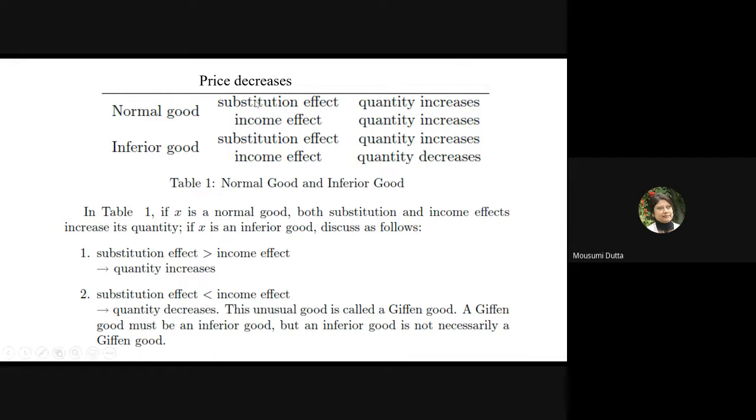In case of normal good, via substitution effect, there will be an increase in quantity. Via income effect also, there will be an increase in quantity. In case of inferior goods, as price decreases, via substitution effect, quantity increases. However, via income effect, quantity decreases.